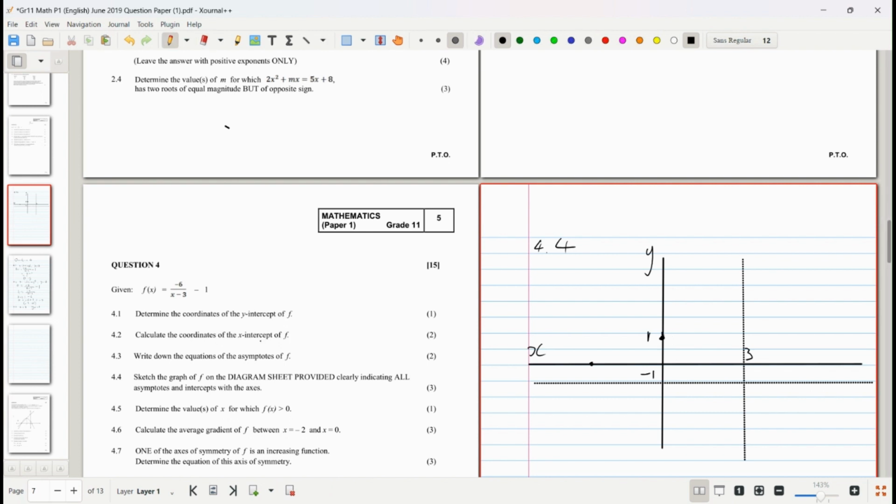This one is our x-intercept, and this one is our y-intercept. You can put the coordinates here so that they can be seen, and here it's negative 3, 0. Then you can draw a line joining them.